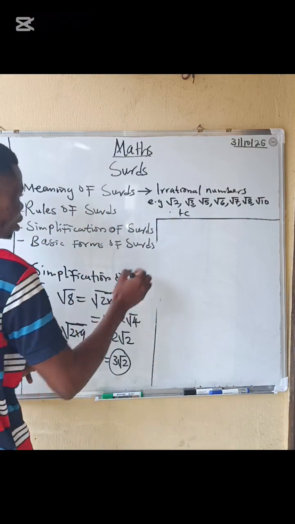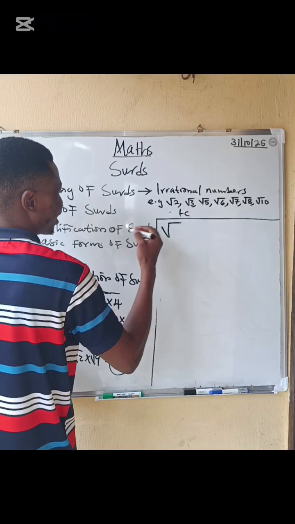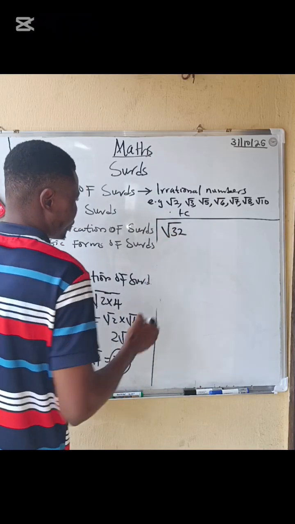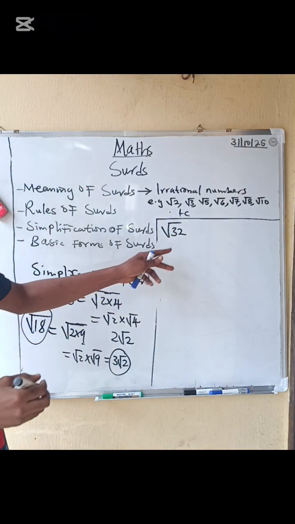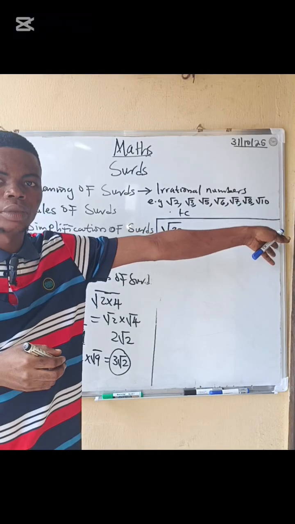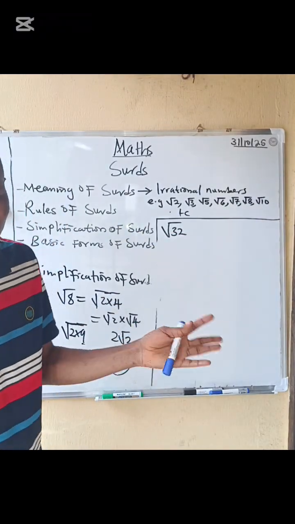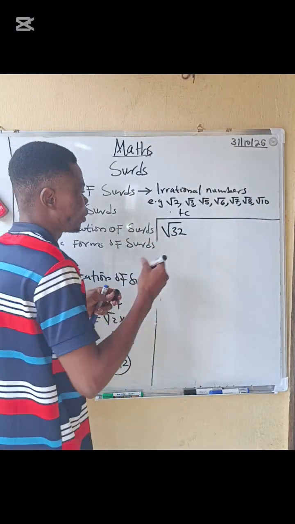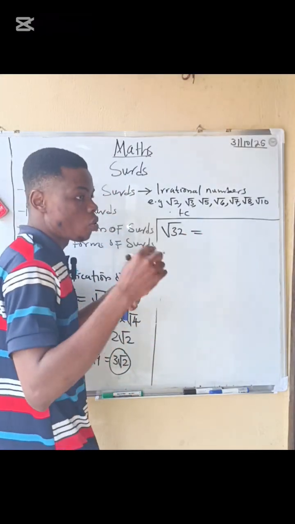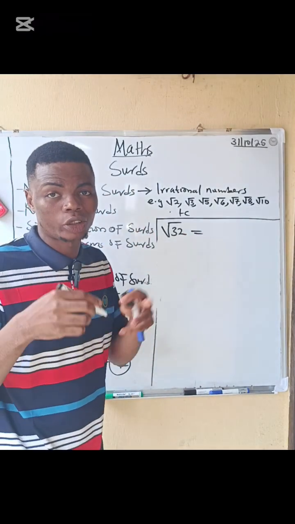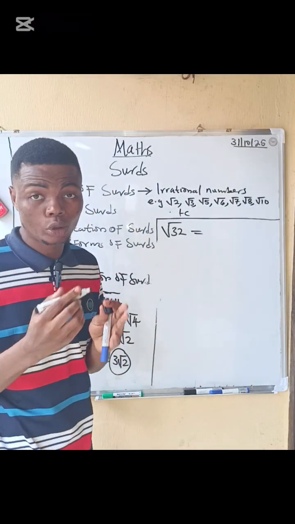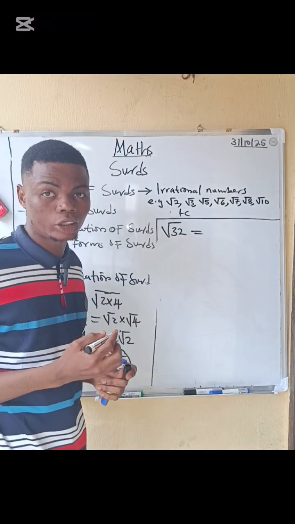Let me use another example. If you are asked to simplify root 32, it simply means that you take this to its basic form, a form whereby you cannot break it down further. So we are going to find two numbers such that one is a perfect square, the other one is not a perfect square. When you multiply these two numbers together, you still have 32.